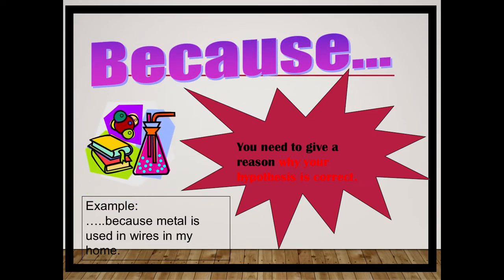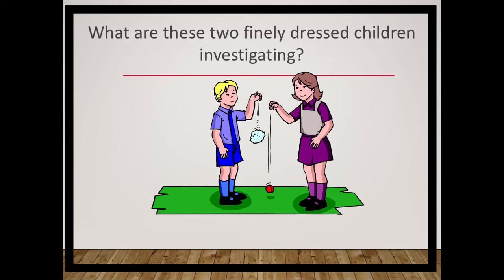We can make predictions based on what we already know. So we think about things that we have, and when we think about plants in nature, we might say, well, it doesn't rain soda, so I don't think plants are going to need that to grow. But it does rain water, so plants probably grow well with water. So you can check and see if your hypothesis is correct.